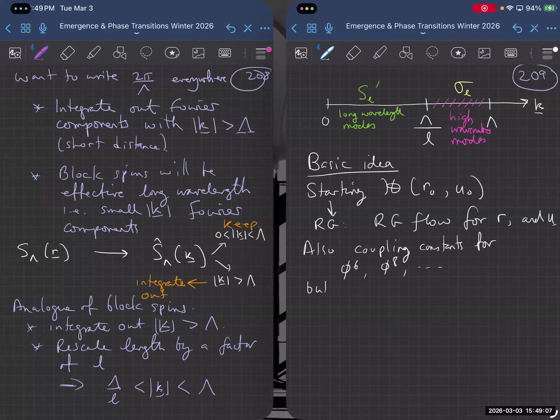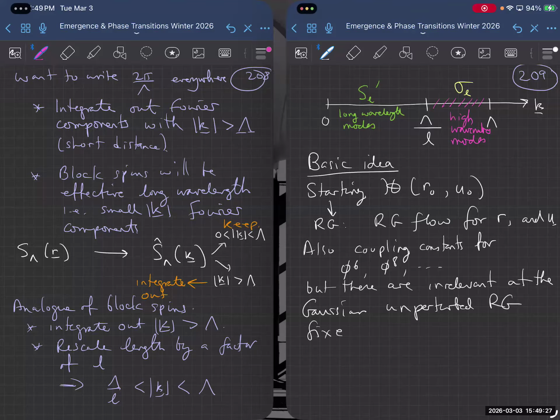But these are irrelevant at the Gaussian unperturbed renormalization group fixed point, which I'll show you next time. So we don't need to compute those. So we just need to compute the quartic ones.